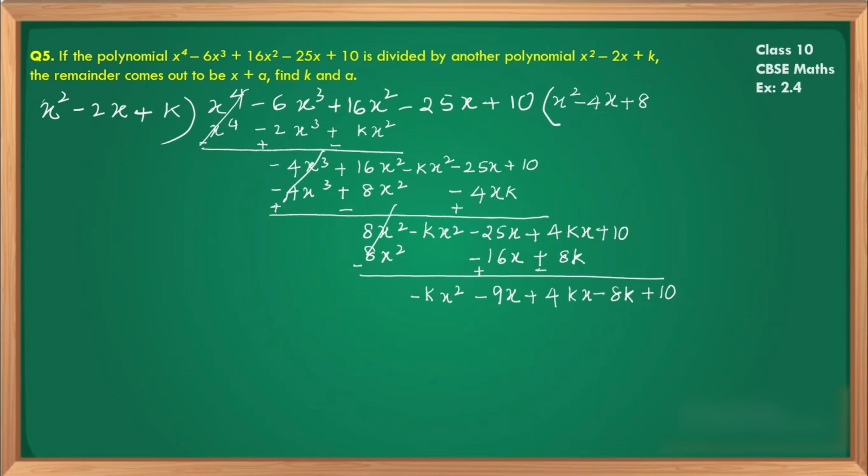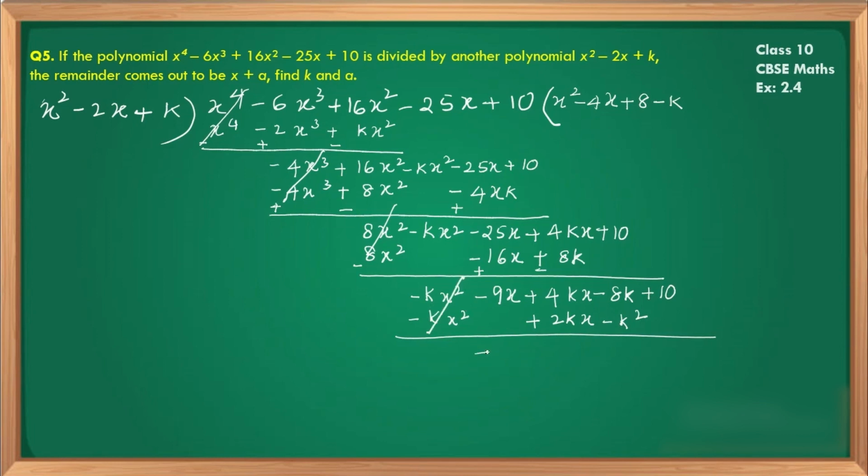Now you can observe that this is to be multiplied with only k, but what k? Minus k, so that you get minus kx square, and this minus and minus 2x becomes plus 2kx here, plus 2kx. Minus k has to be multiplied with plus k, you get minus kx square. We write down below this. Now kx square gets cancelled.